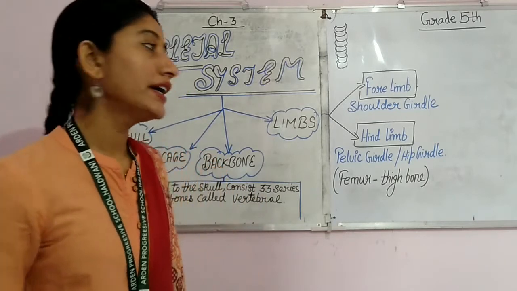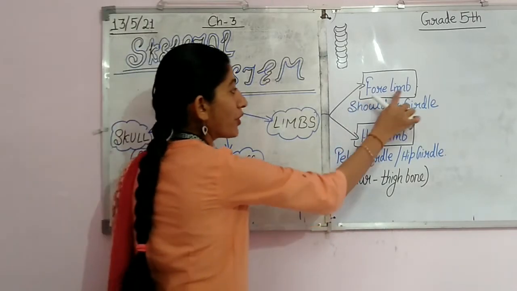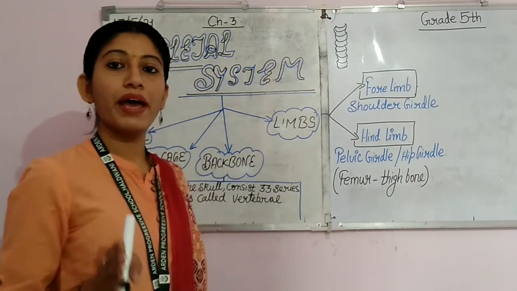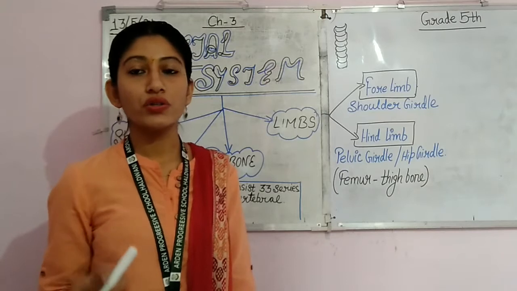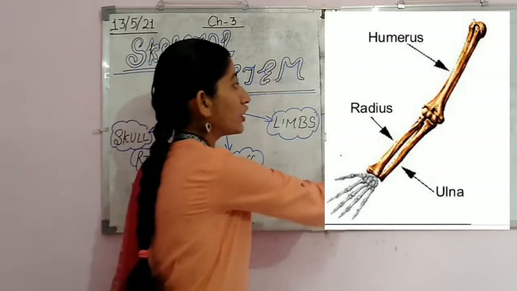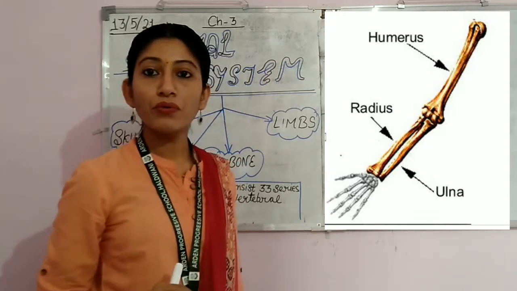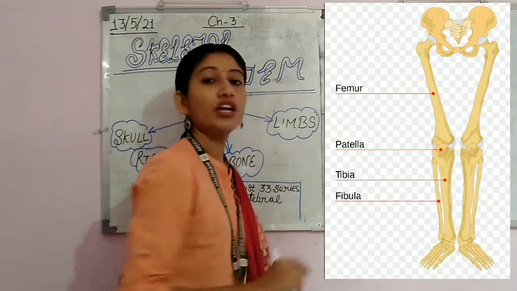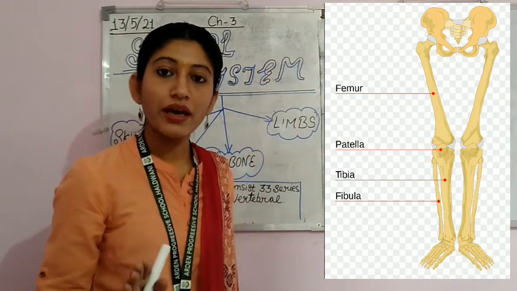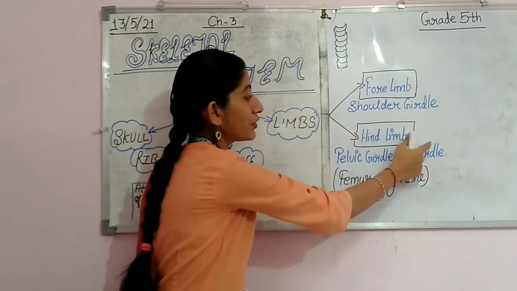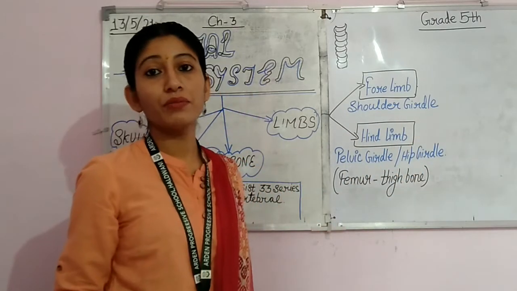They are forelimb and hind limb. These are also parts of the skeleton. Forelimbs include the hand bones, or arms, and the hind limbs include the leg bones.